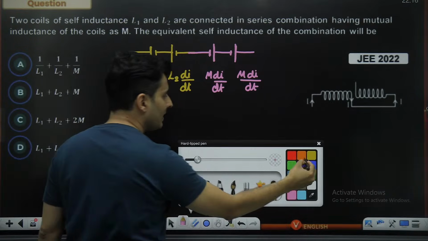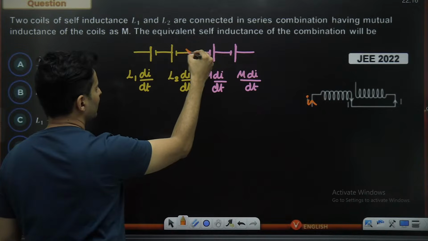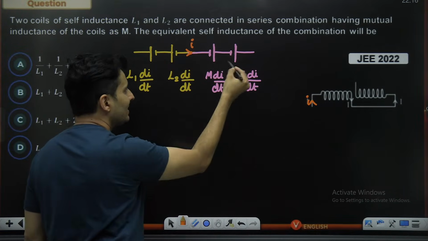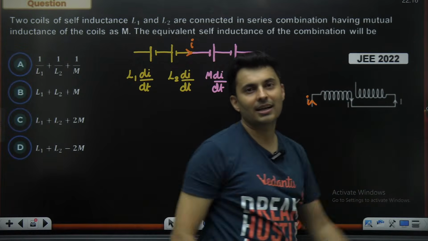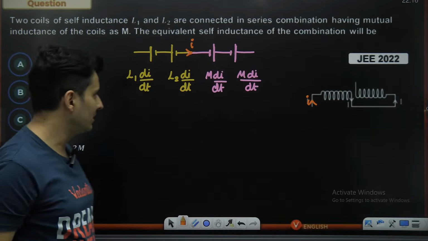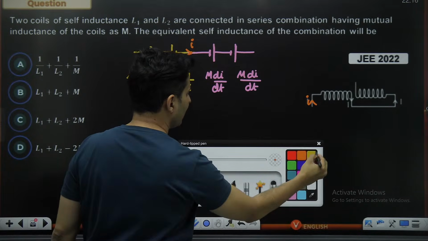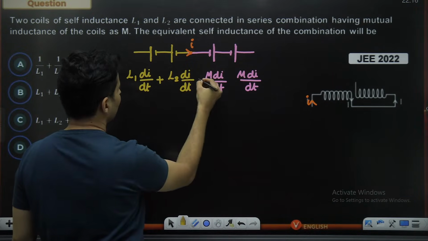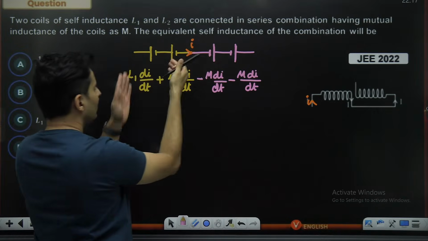This is the crazy part of this problem. Yes, if this is the current, this current is going like this. And why has this happened? Because the coil is flipped and connected like that. The windings are opposite. And now, if you combine them, obviously this one will be plus, this one will be minus because they are opposing this direction.